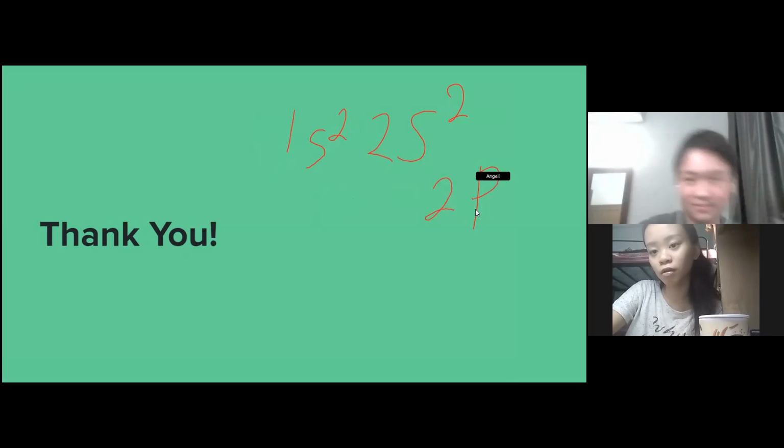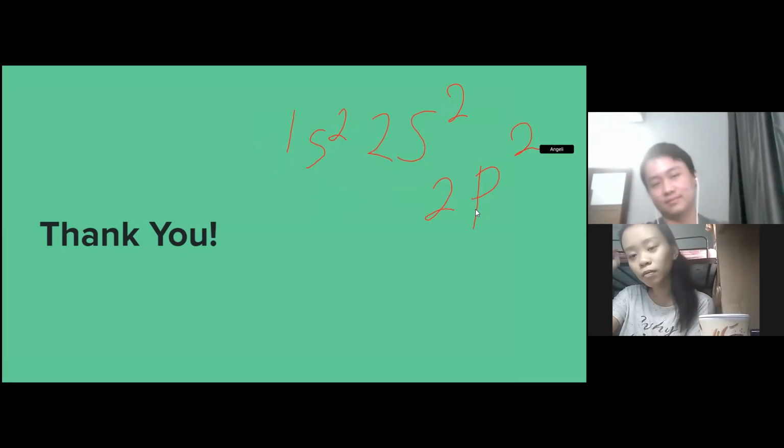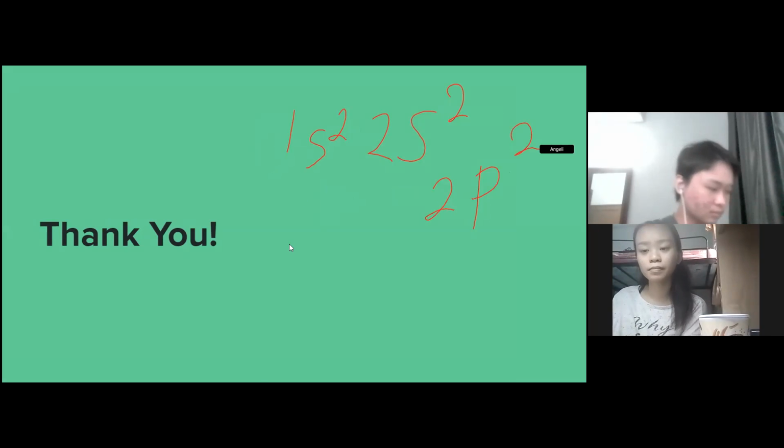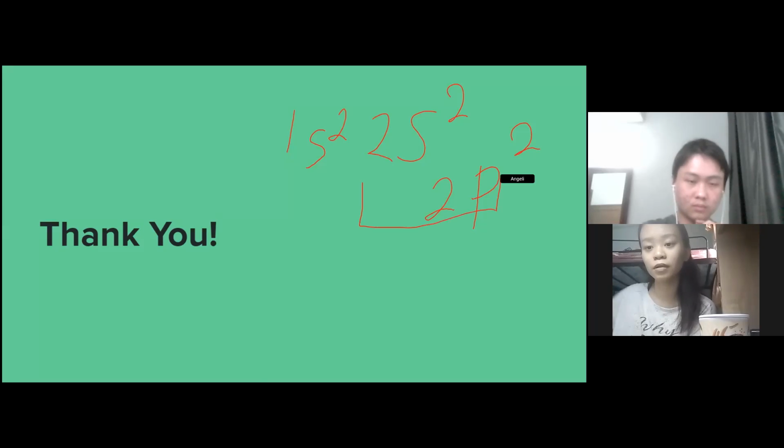How many more? 2p, so 6. Okay, 6. 1s2, 2s2, 2p2. Okay, so in the outermost shell, how many electrons does it have? 4. How many electrons does it need so that the subshell p can be completed? 4. Okay.